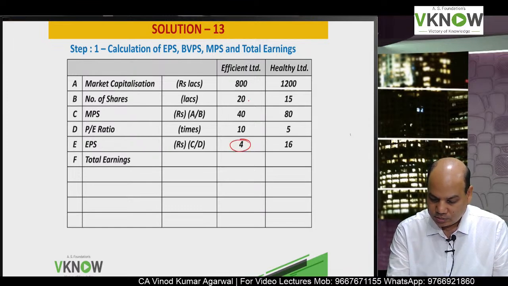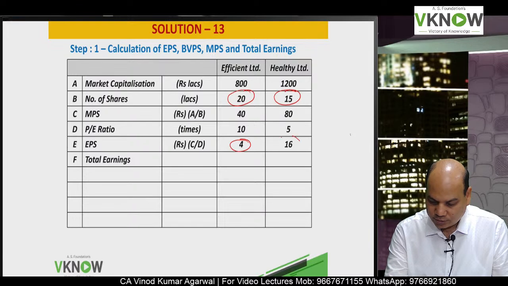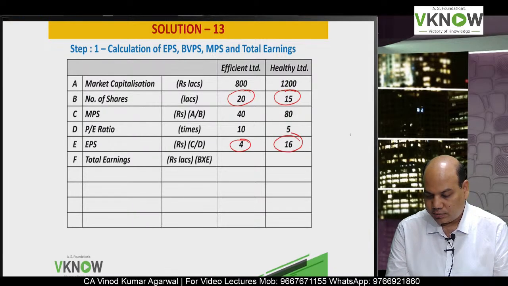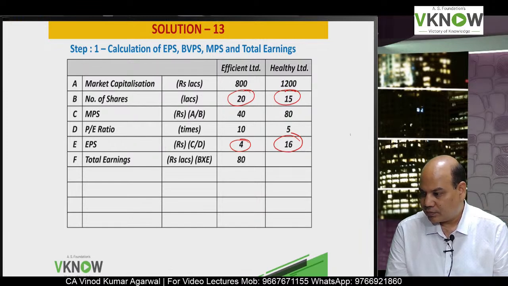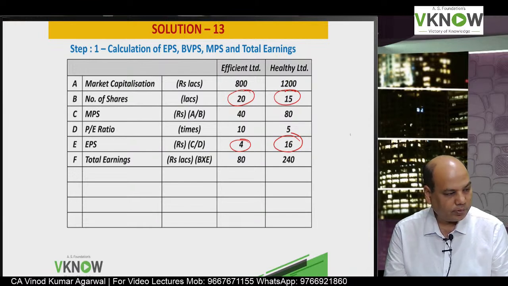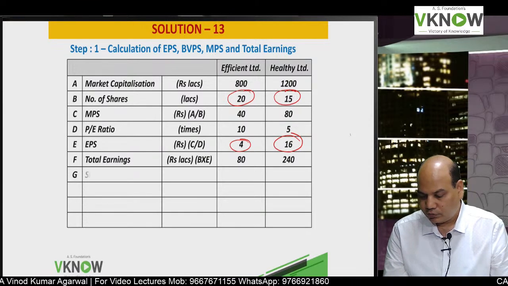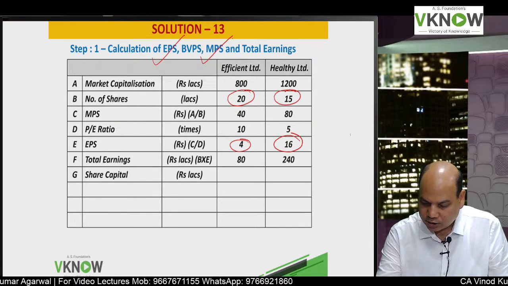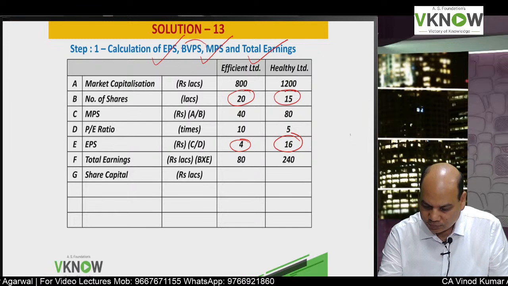This is EPS. This is number of shares. So I will write down B into E, rupees in lakhs. Multiply 20 into 4, 80, 15 into 16, 240. Now I have got EPS, I have got MPS, I have got total earning.